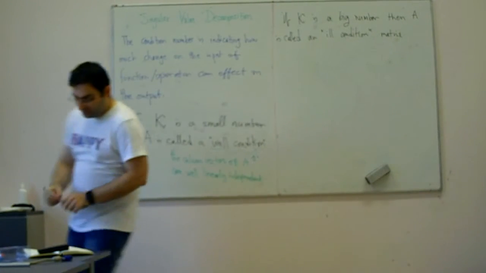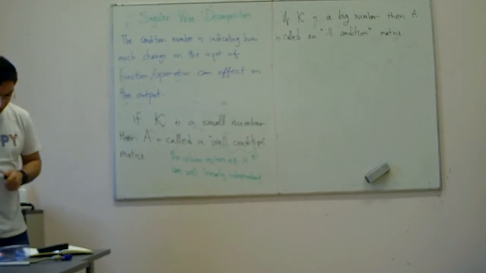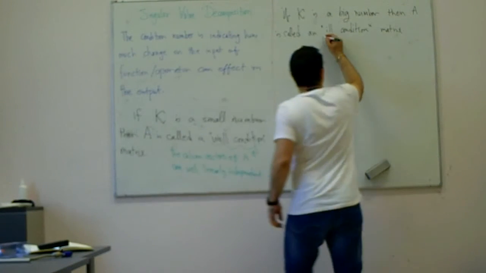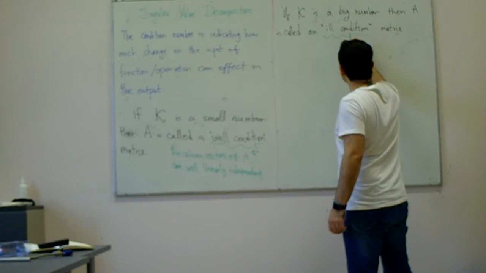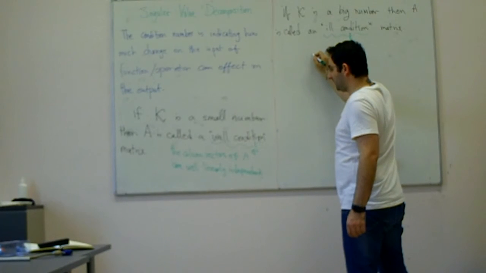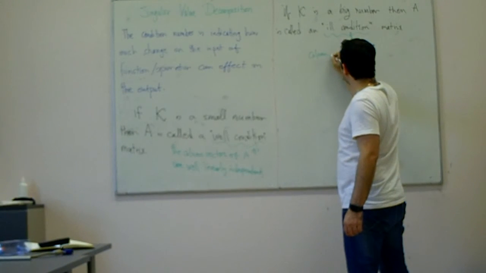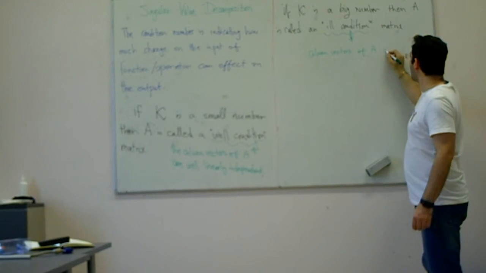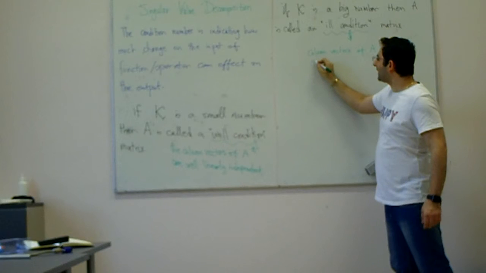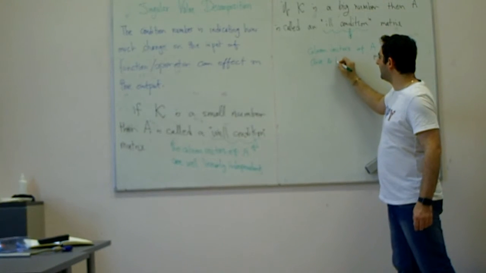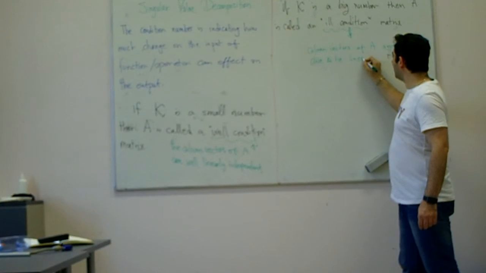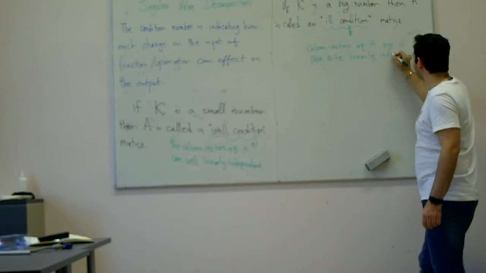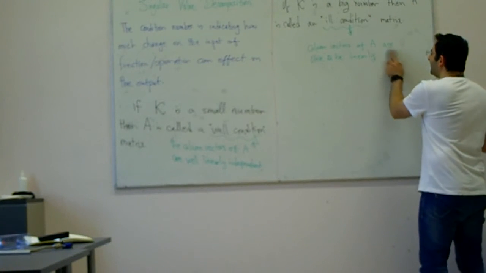And what do I mean by ill-conditioned? Column vectors of A are close to being linearly dependent.